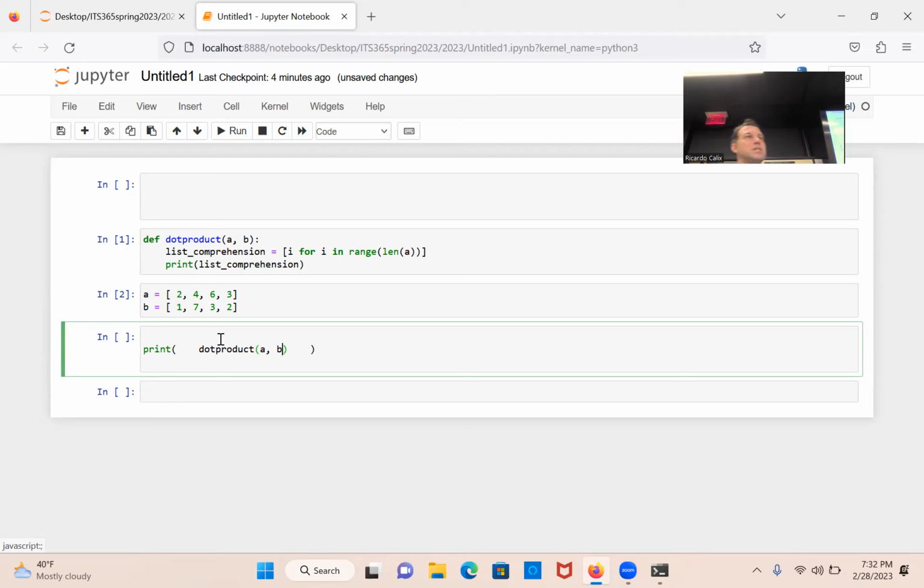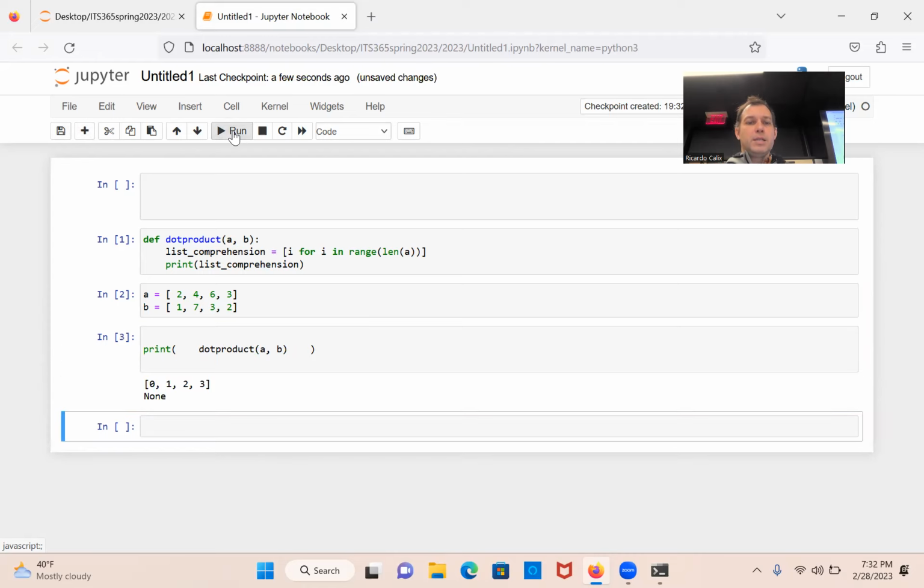Basically it takes these two. Again, we're doing this idea of multiplying these vectors, right? We're always doing this. Okay. So I'm going to run that. And I got 0, 1, 2, 3.